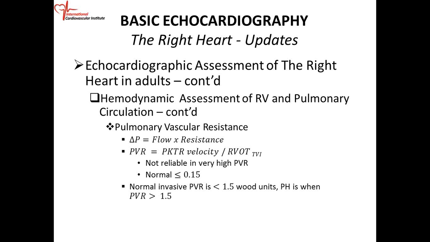So the resistance is equal to the pressure change divided by the flow. And just remember that there's a resistance to blood flow, and that resistance to blood flow depends on the pressure difference in the system divided by the flow.